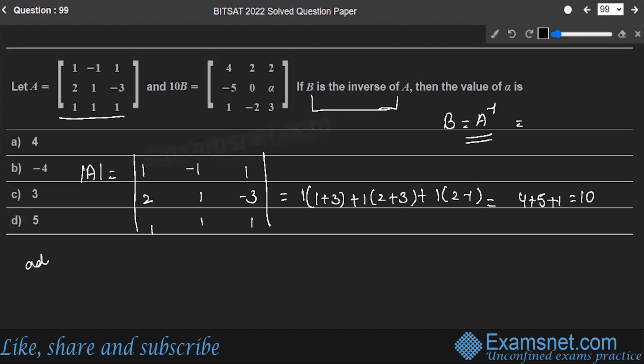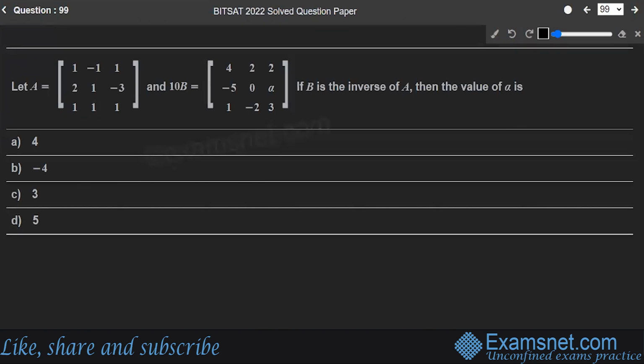And let's find out the adjoint of A. First of all, question number 99: let A be this matrix and 10B be equal to this matrix. You are given B is inverse of A. So you have B is equal to A inverse, then you have to find out the value of alpha.